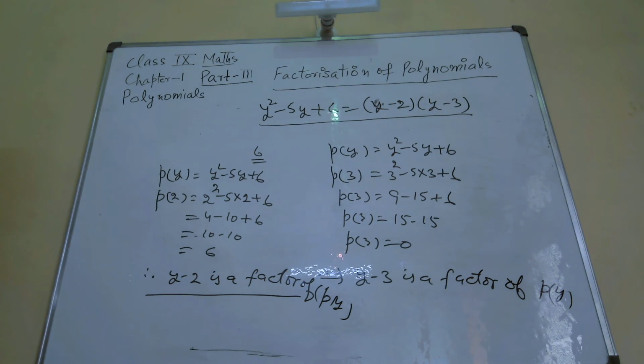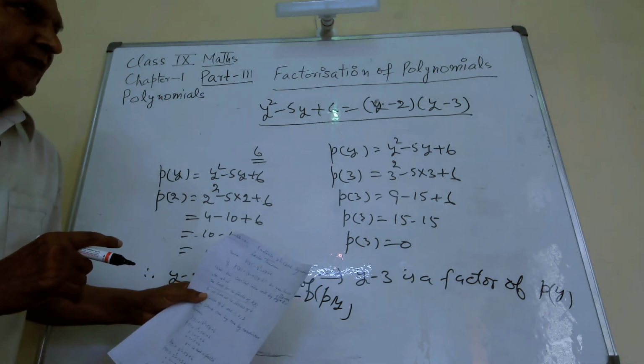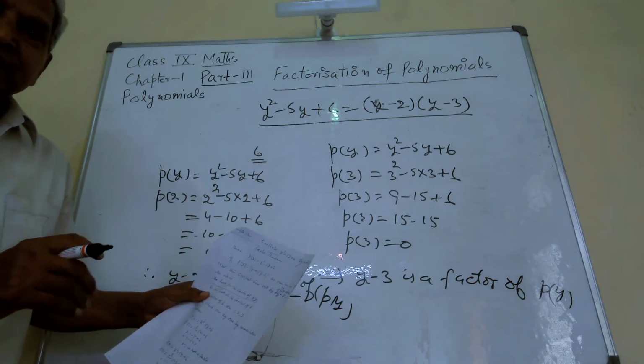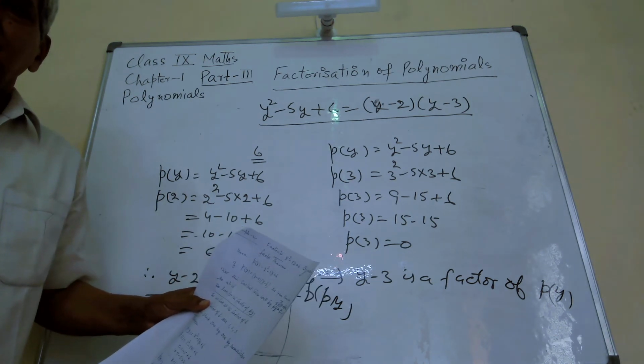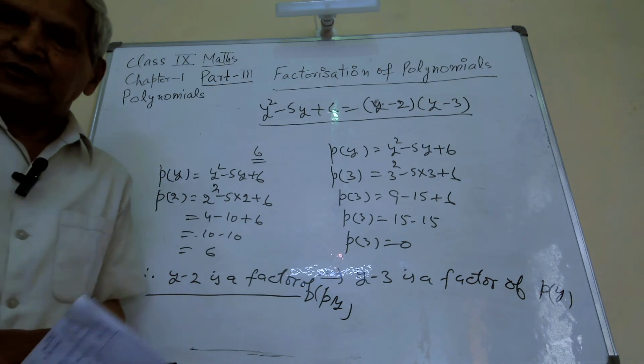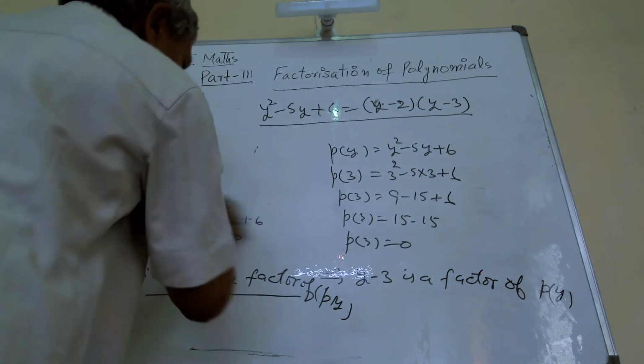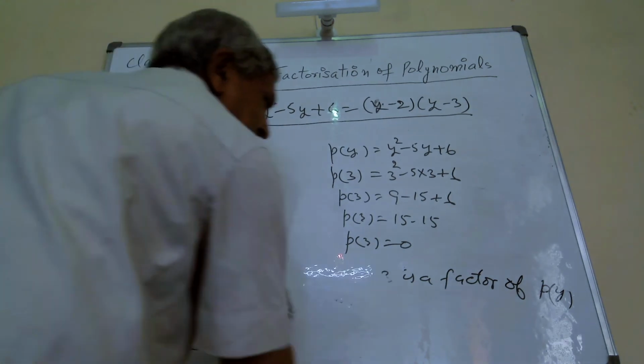This was another method. First was the splitting method, and this is the method of checking one by one all the factors of 6. So now I am taking one more example.